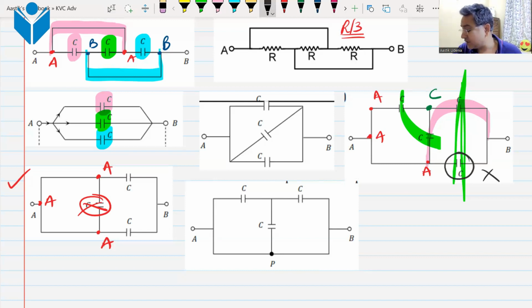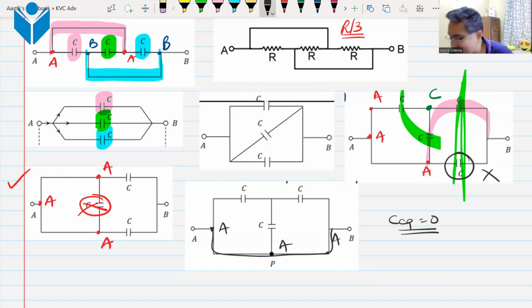It is 0, because all these points, whether you start from this point, this is A, everything is A. So the equivalent capacitance in this case becomes 0. Do we understand this? There is no capacitor coming between point A and point B. Yes or no? Yes, sir. Everyone understands this?